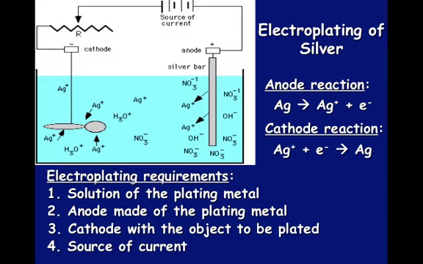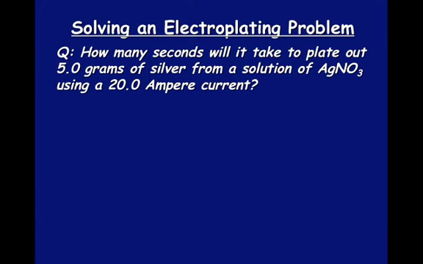Well, of course, if we're going to be plating something, if I start with an object with nothing on it, and then I end with an object covered in another material, I want to know how much material I actually added onto it, or I want to find out if I added X number of grams, how long did it take?